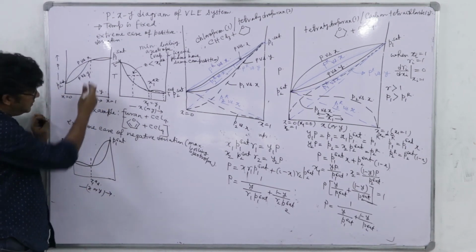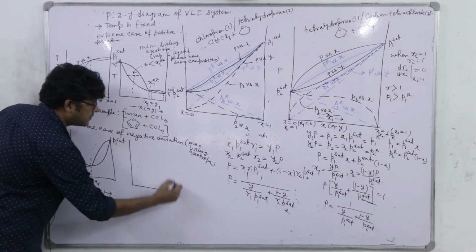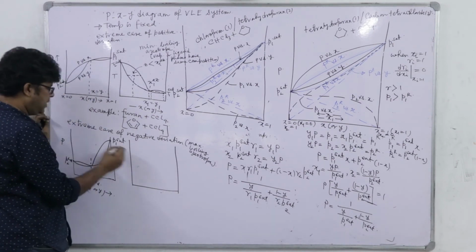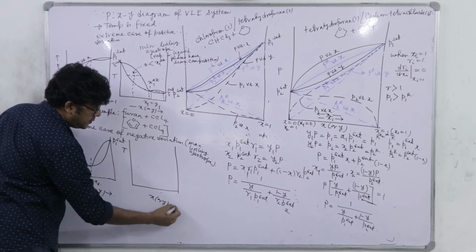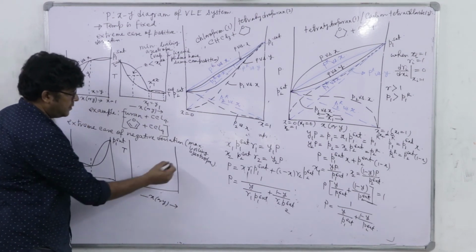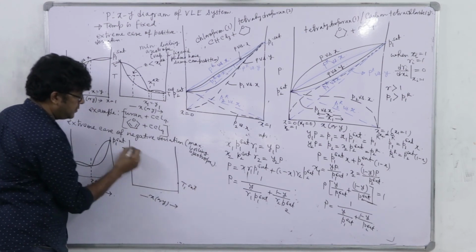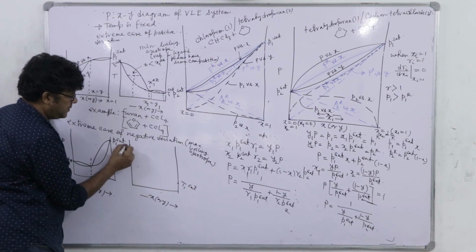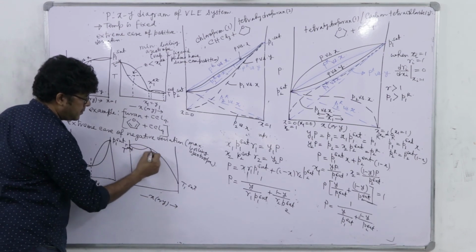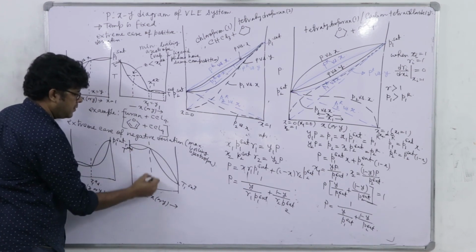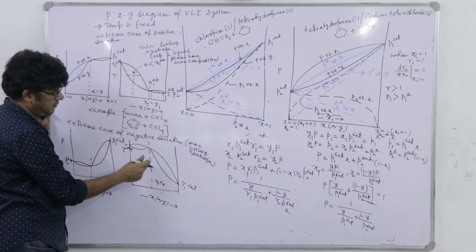Right, just the reverse as this will happen here, and the respective TXY plot, this is T, and X or Y we are plotting it. So this is T1 sat, now this is T2 sat. So it is x1 Az, just the reverse as this will happen now.